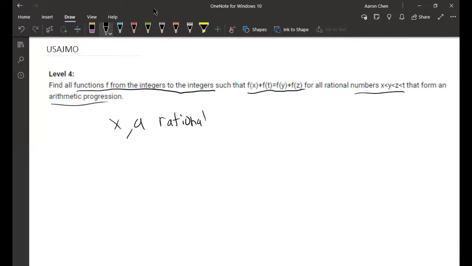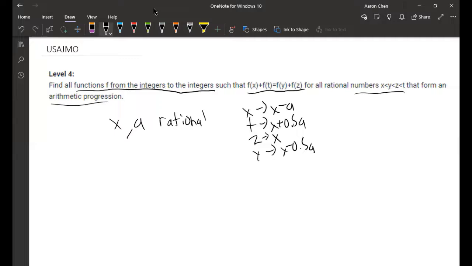And so we can substitute x with x minus a, t with x plus 0.5a, z with x, and y with x minus 0.5a.